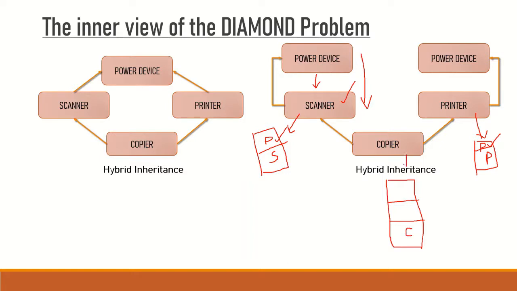So when you create an object of the copier class, the first part of this object will be the object of the scanner class, and the second part will be the object of the printer class. Now the printer class object has this, and the scanner class object has this. So the problem is that power device is present here, and power device is also present here. So this will be the issue in the diamond problem.